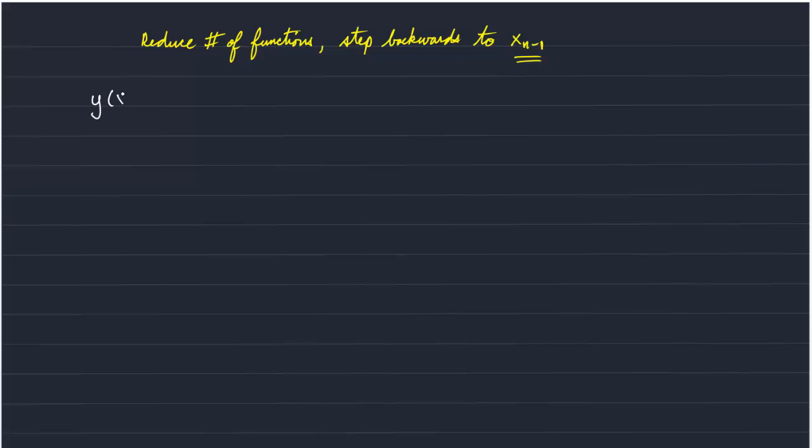So the complete solution at x n minus 1 is equal to y sub x n plus the first derivative, and our step is minus h because we're stepping backwards, right? And then we have y double prime times h squared divided by 2, and stepping backwards doesn't change the sign here because we're squaring h.